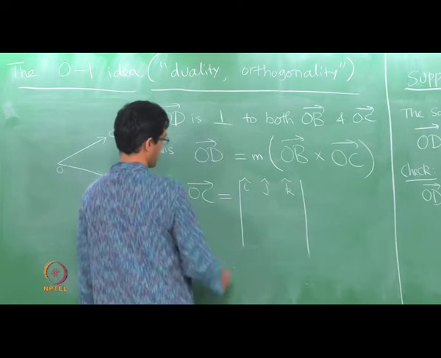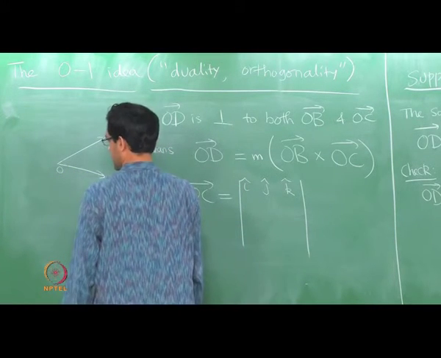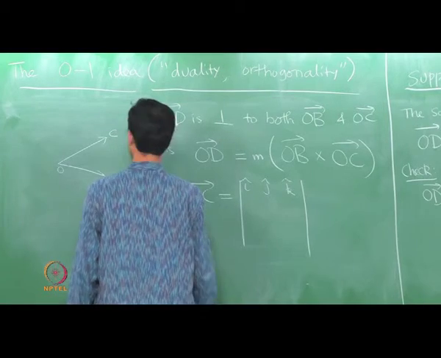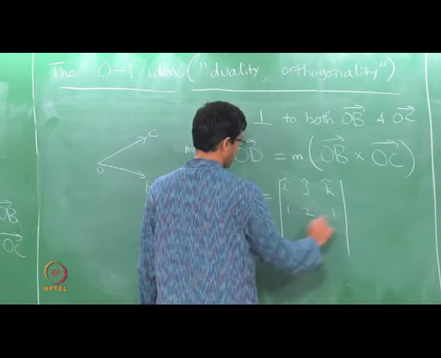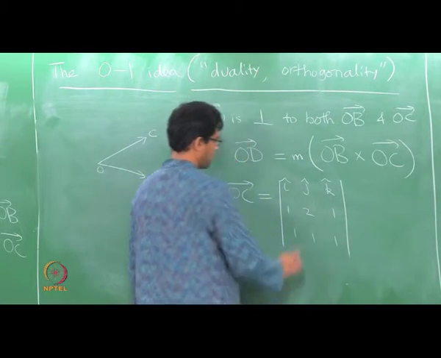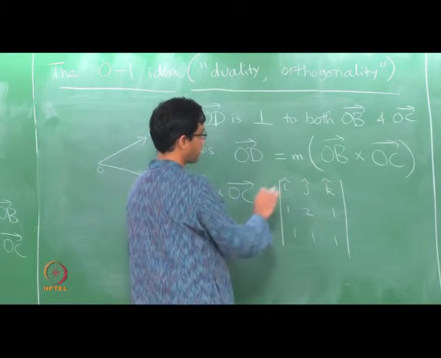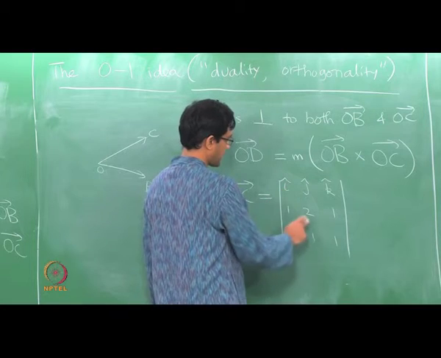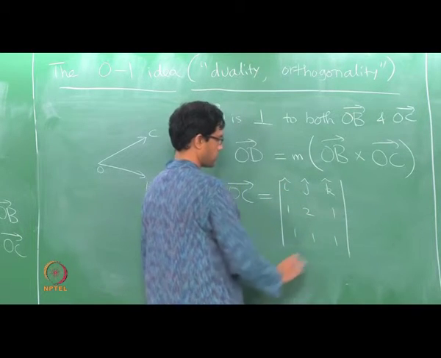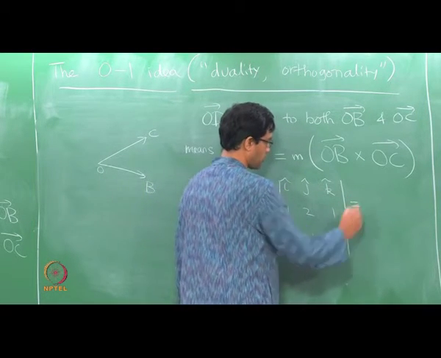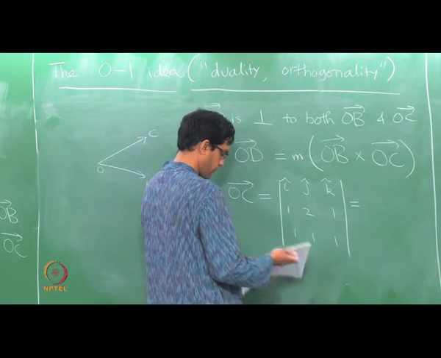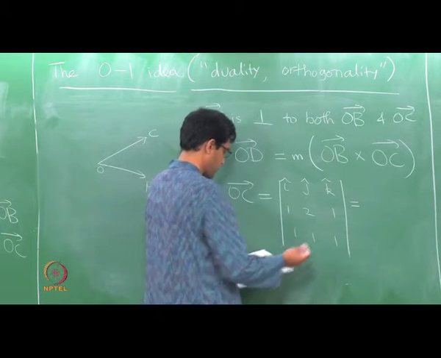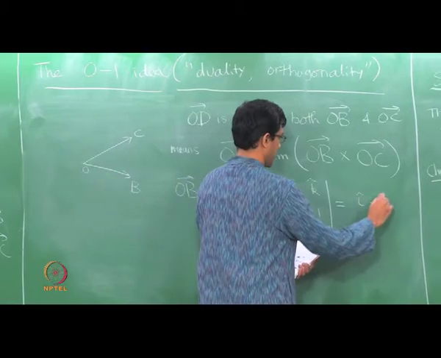You write a determinant with i, j, k, then the rows 1 2 1 and 1 1 1. This is a formal way of remembering what the cross product looks like. I am not getting into the rule itself, this is not too important for what I am going to do. Let me just write down the answer itself.